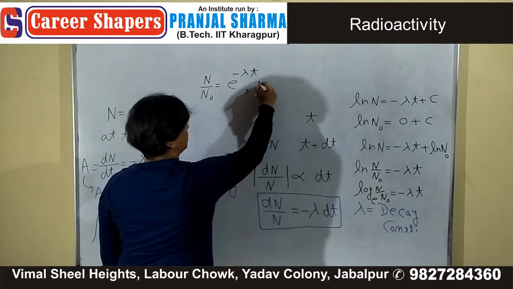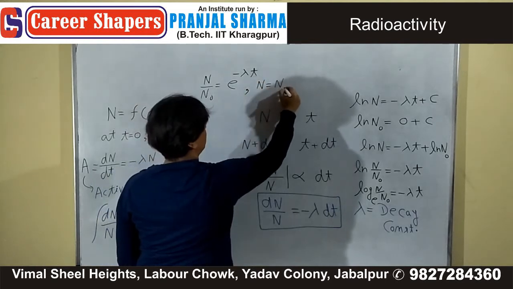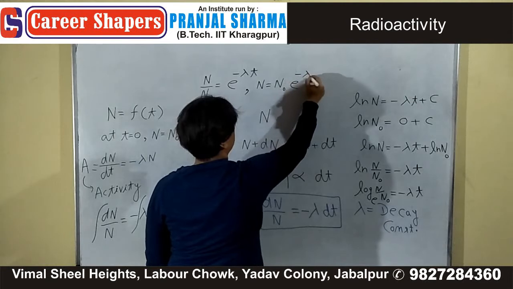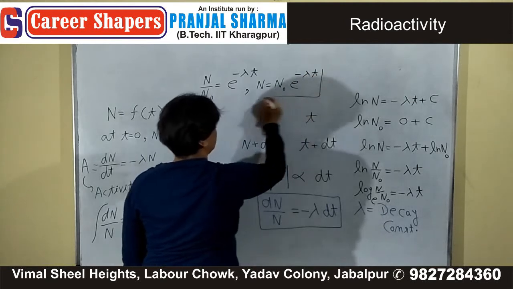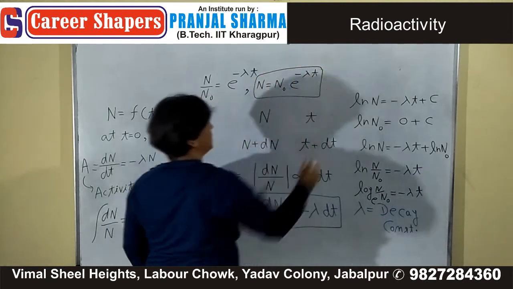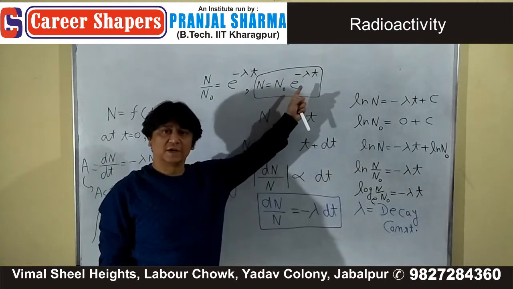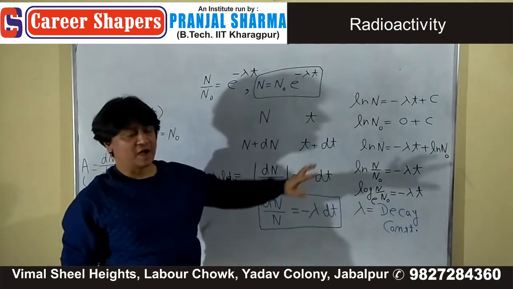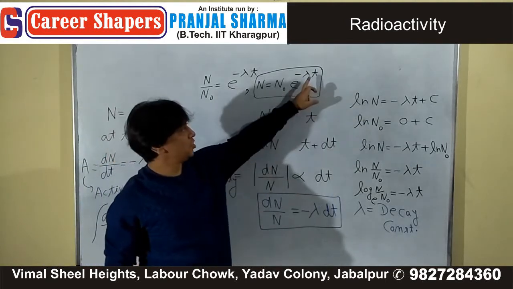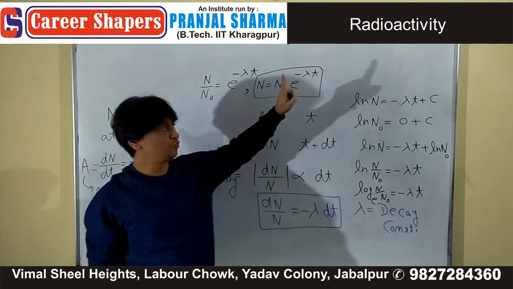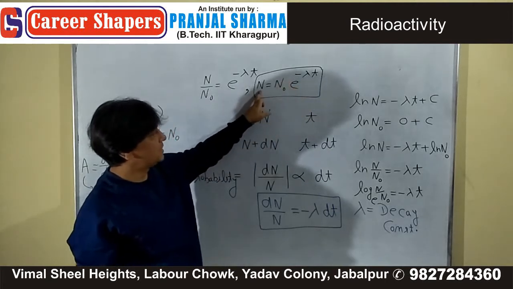This gives you N as N naught times e to the power minus lambda t, the number of active nuclides as a function of time. You can verify this for t equals 0. If you put t equals 0, it becomes e to the power 0, which is 1, and that gives N as N naught.